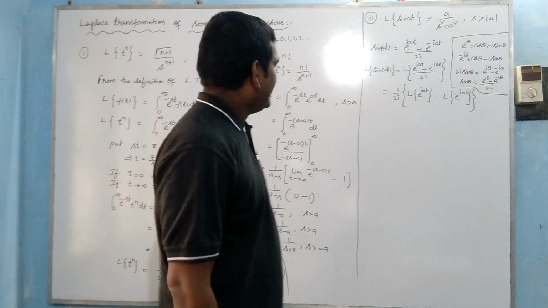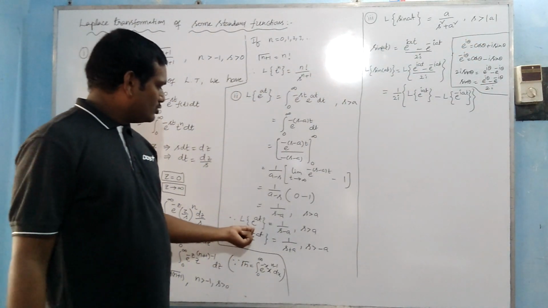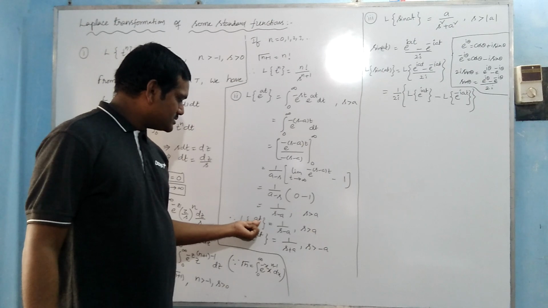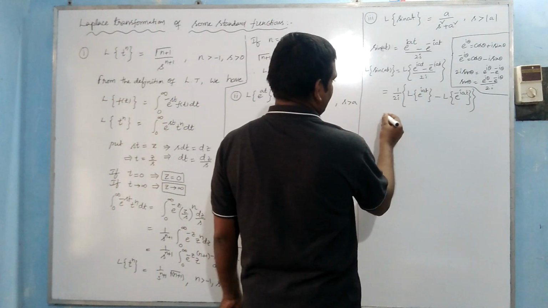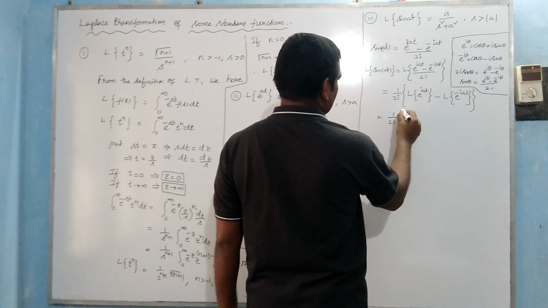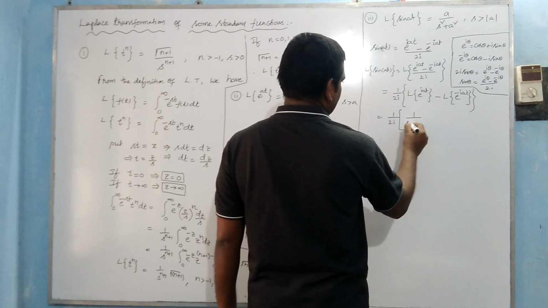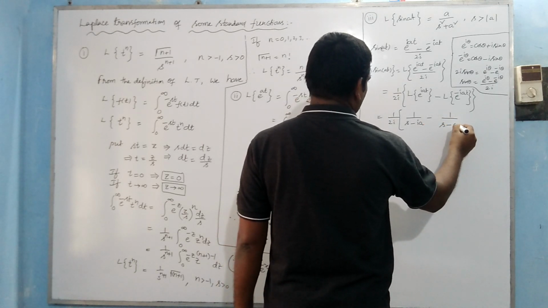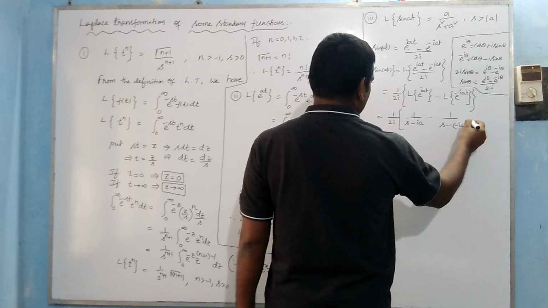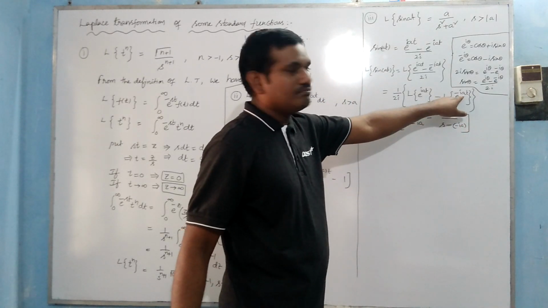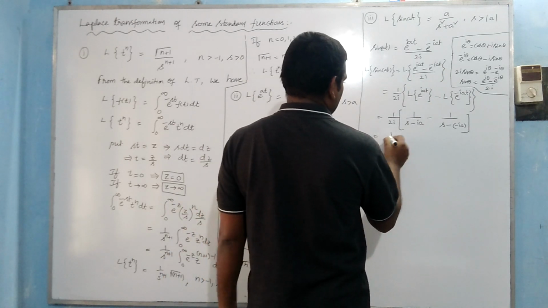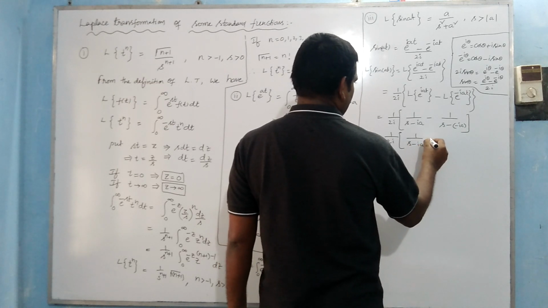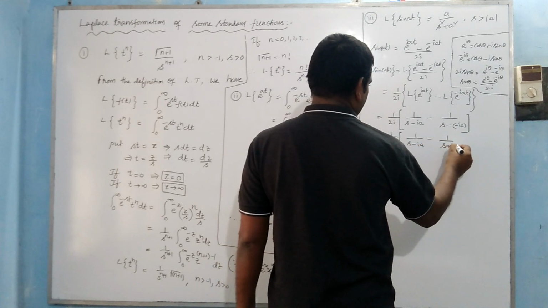Okay. So again applying, from the known formula, Laplace of e power at is equal to 1 by s minus a. So here a means ia. So using the above formula, 1 by s minus ia minus 1 by s minus of minus ia. Clear? Here a means minus ia. Now simplifying this expression, 1 by s minus ia minus 1 by s plus ia.